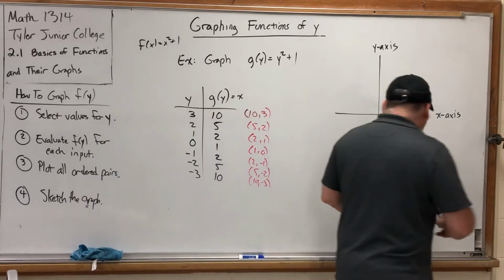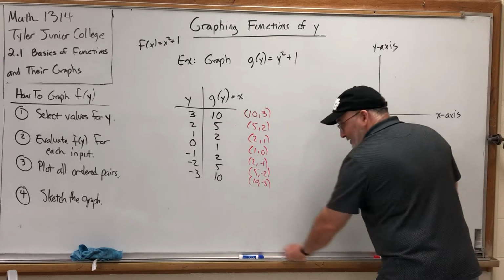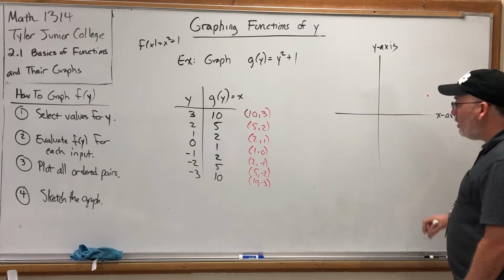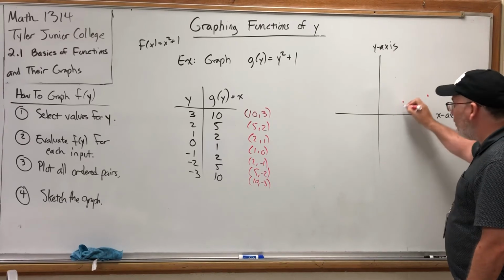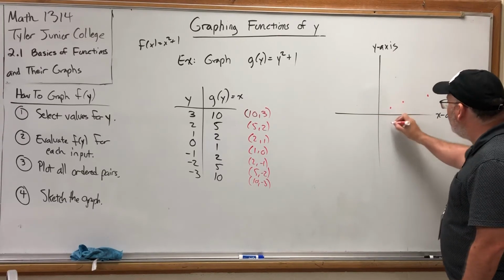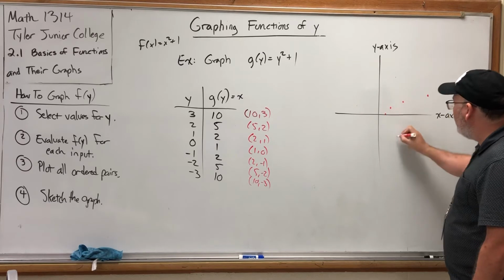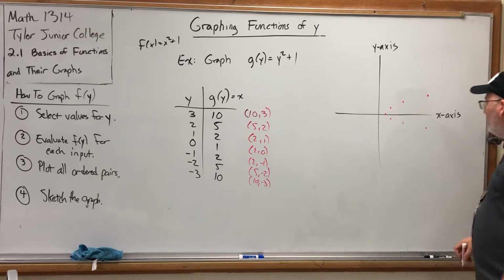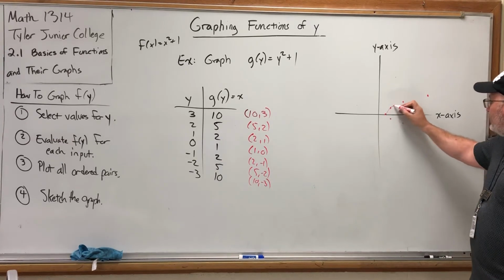And so when we plot these points, and I'm not going to be as meticulous in plotting them, but 10, 3 is over here somewhere, 5, 2 is about here, 2, 1 is about there, 1, 0 is about here, and then the other three are the same except down here. And we get this parabola opening to the right.